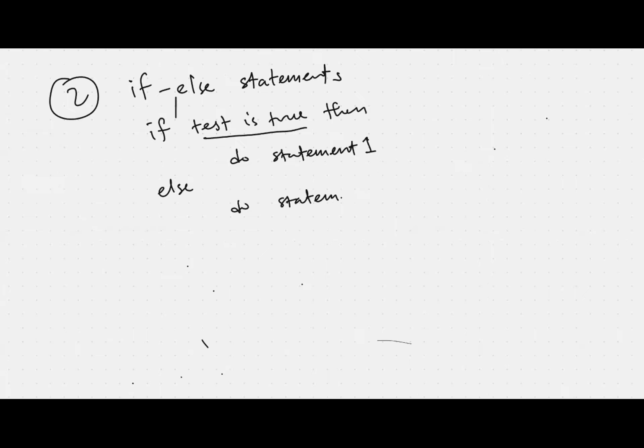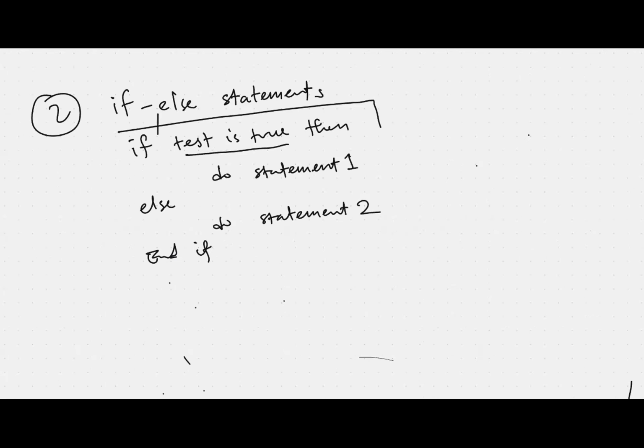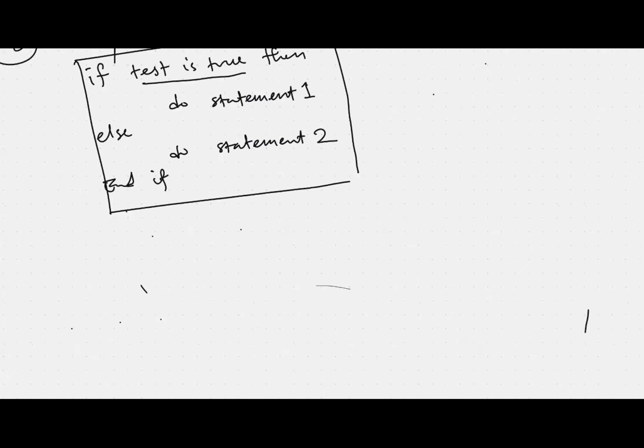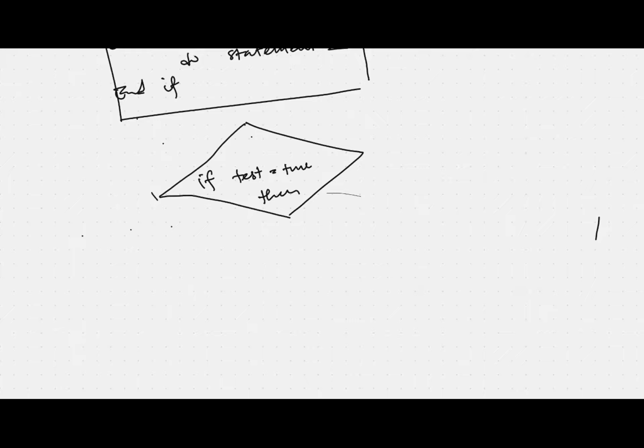Then we end the if. So this is also another kind of if statement. And here, the rationale is that you want to check if the test is true, then you want to do something if it is true, and then you want to do something else if it is not true.